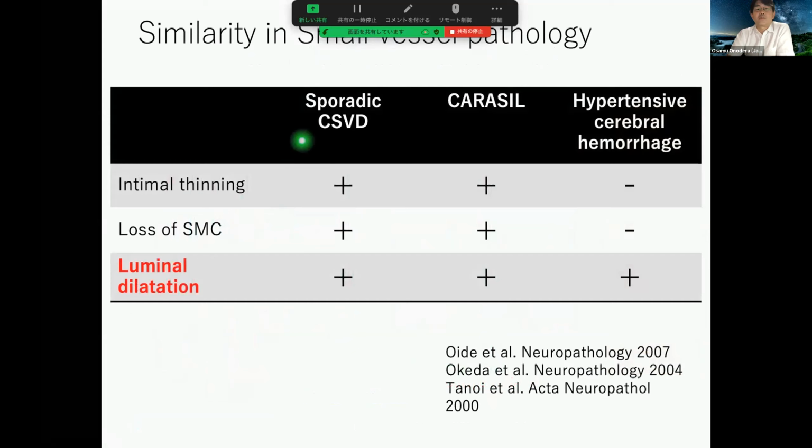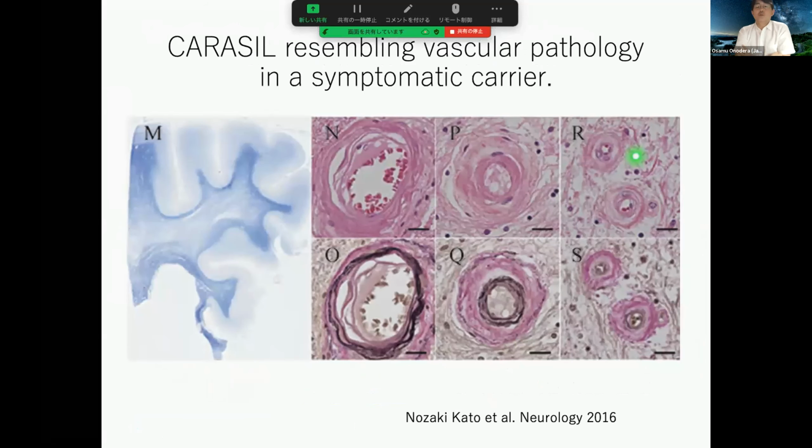So from the pathological findings, sporadic CSVD and CARASIL resemble each other in terms of intimal thickening and also smooth muscle cell loss and luminal dilatation. It's quite different from the small vessel disease pathology caused by hypertensive cerebral hemorrhage. Also, in the manifesting carriers, the symptomatic carriers, the small vessel neuropathology looks the same as CARASIL.